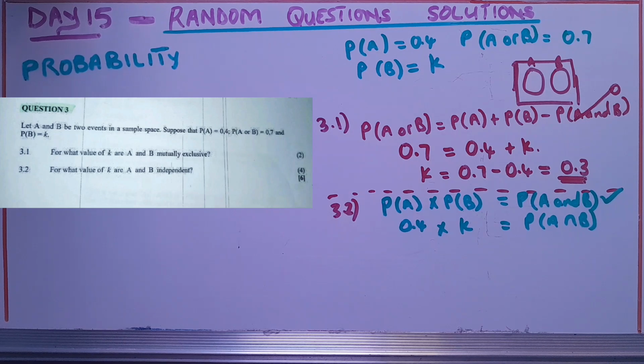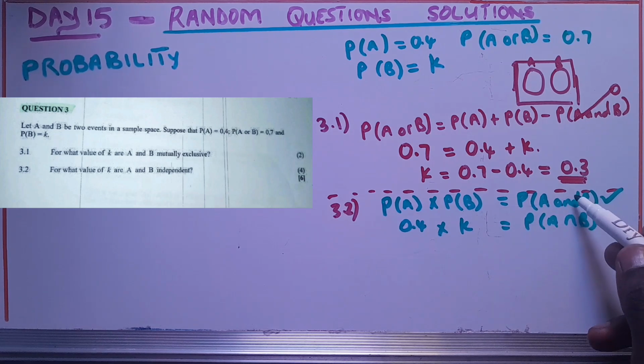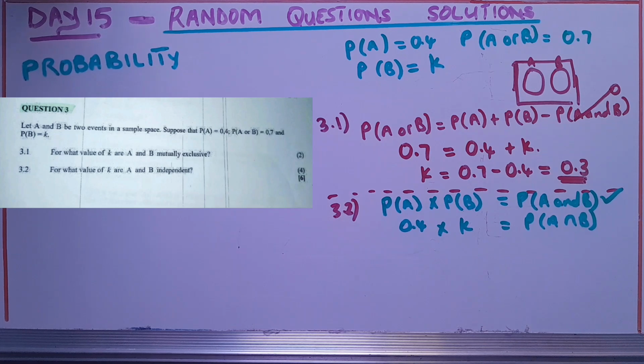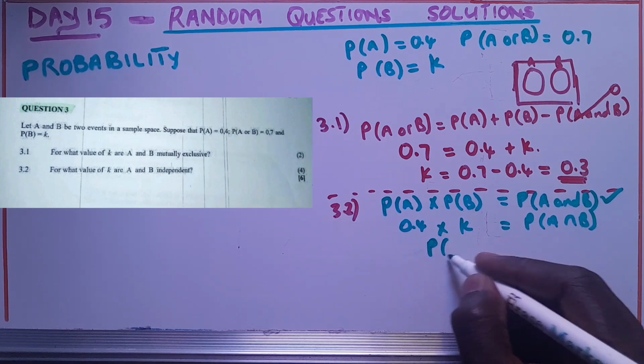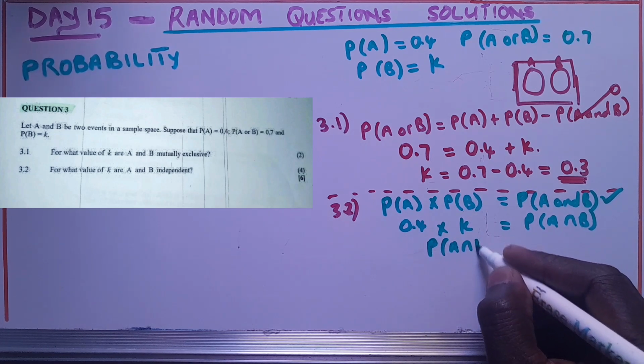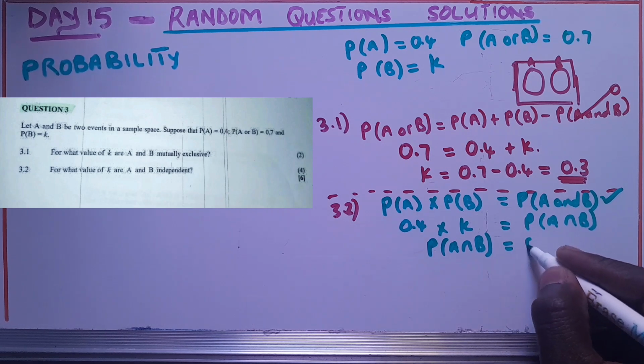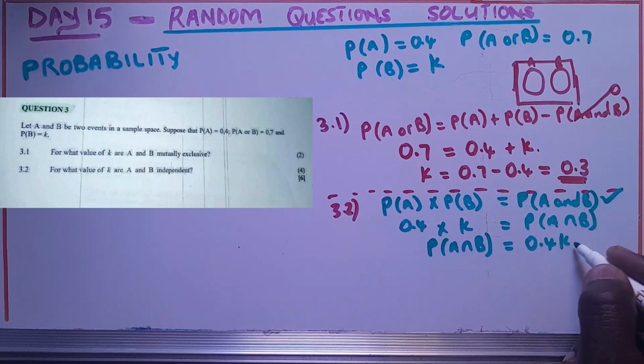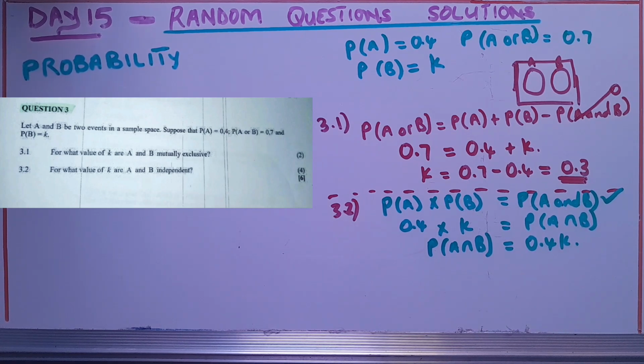Two independent events means that the probability of A times the probability of B is equal to the probability of A and B. So now we can multiply out, and our probability of A and B will be equal to 0.4K. So that's the first part of our solution, right? But here we are just having a variable, and we are trying to find this value of K.